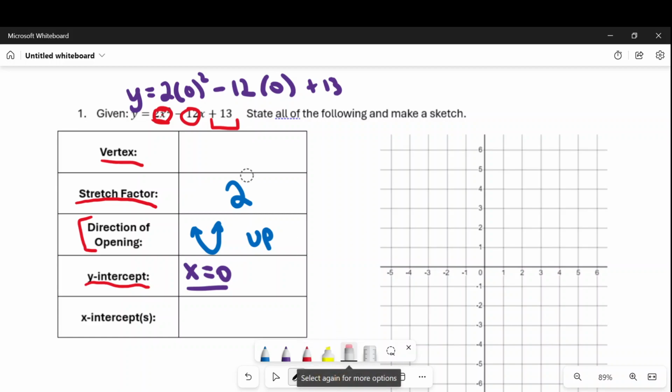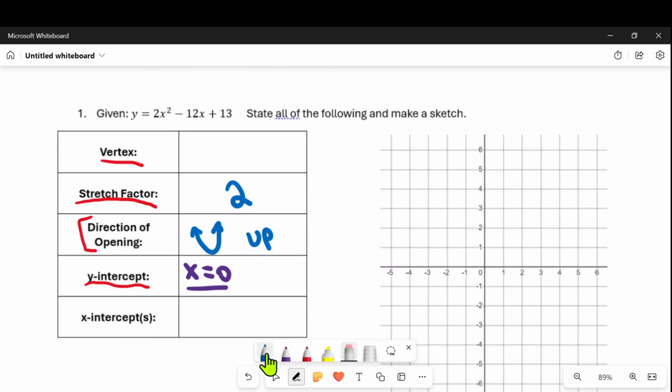So I don't actually have to do that substitution and calculation because if x is 0, I'm left with y equals 13. So that tells me that my y-intercept is the point 0, 13.